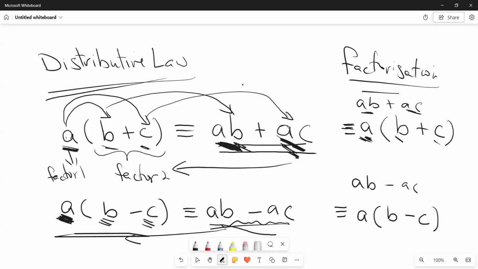It helps you to remove brackets. But factorization helps you to write the sum as a product and introduces the bracket. It's the very opposite.